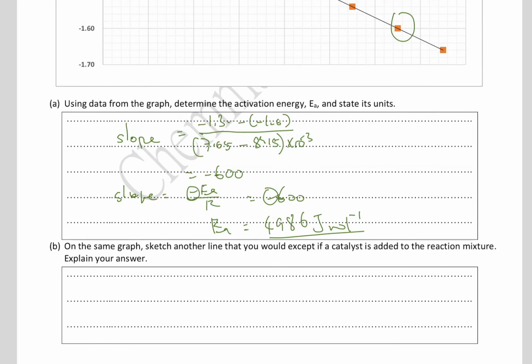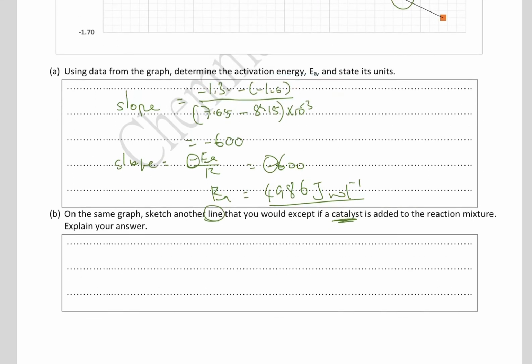And then for the second case, they ask you to draw another line based on adding a new catalyst. Obviously we can first write something about that change of the catalyst, which is that it provides an alternative reaction pathway with a lower EA. So here is already kind of the standard answer.